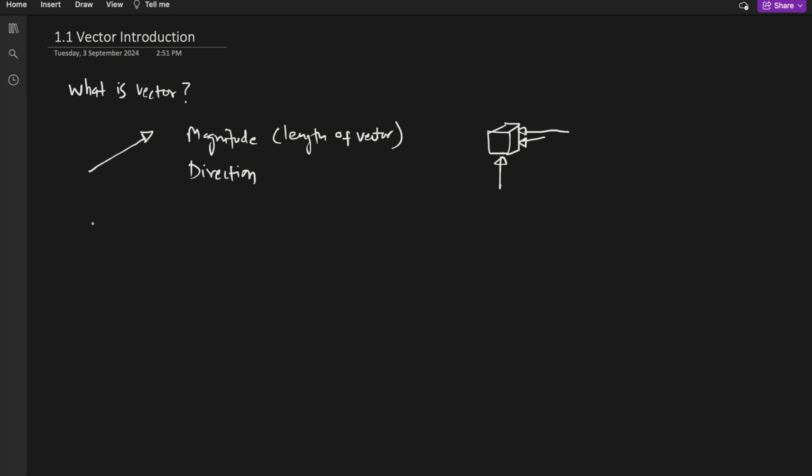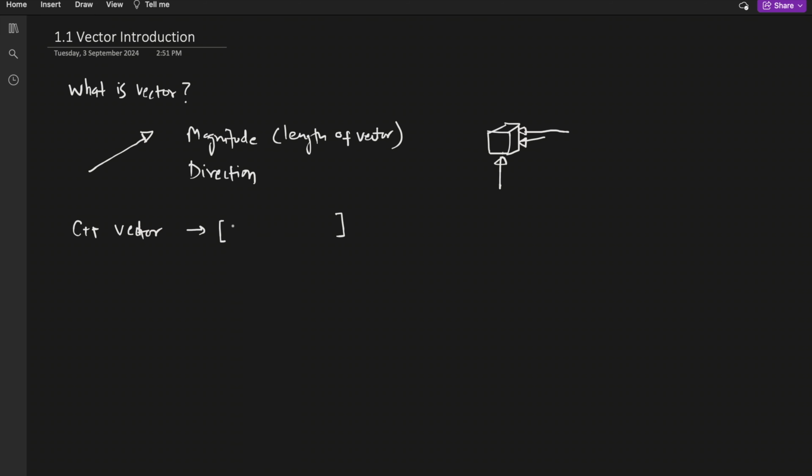Apart from this, if any one of you is from a programming background, there are vectors in programming languages as well. For example, in C++, we have vector. In C++, the vector is nothing but a list of entities or objects.